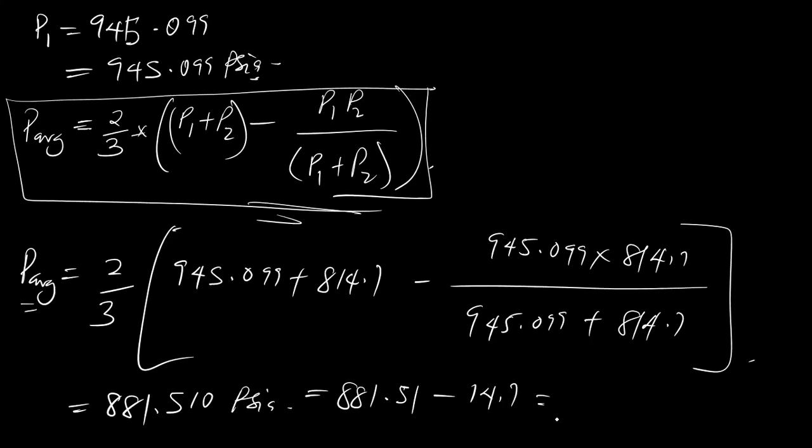So now, if I minus 14.7 from it, we'll now have 866.810 psig.